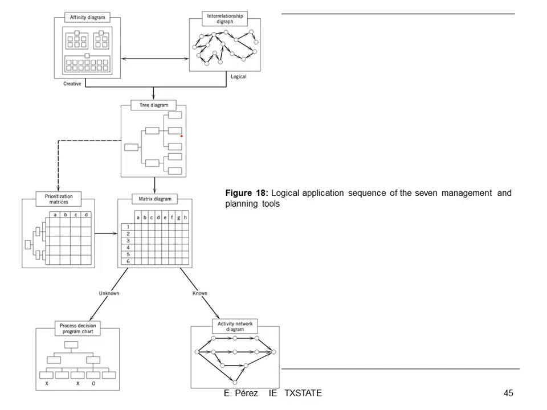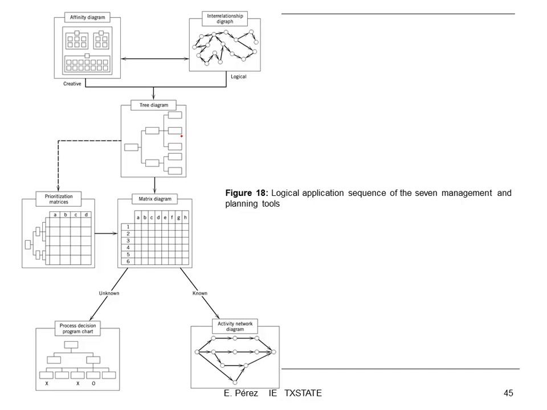Then find out the relationships with the prioritization matrix and the matrix diagram, and find out what information is known and unknown. You can finalize with the activity network diagram, which is what we discuss in project management in terms of scheduling the tasks that you need to complete to get your design.